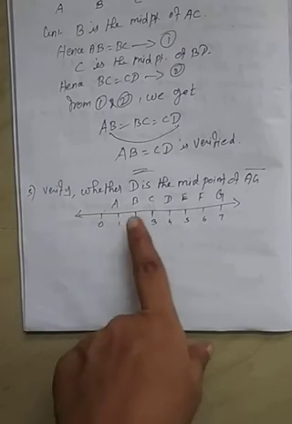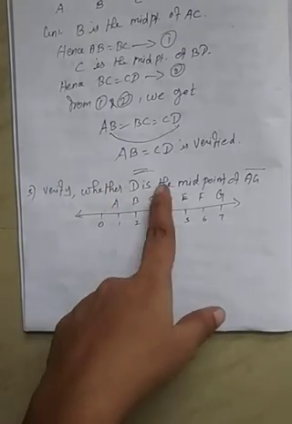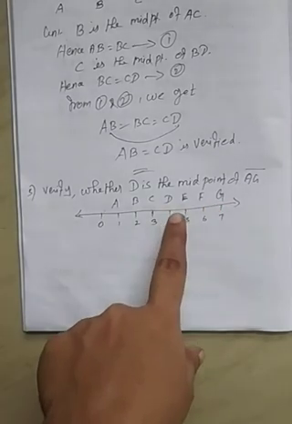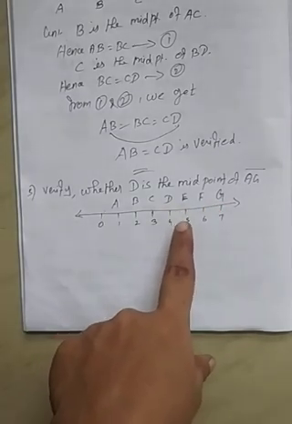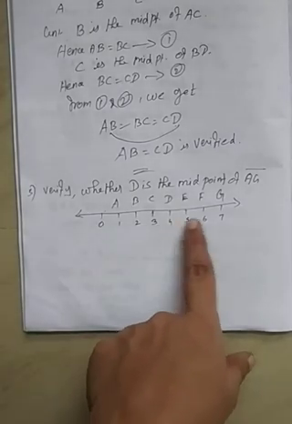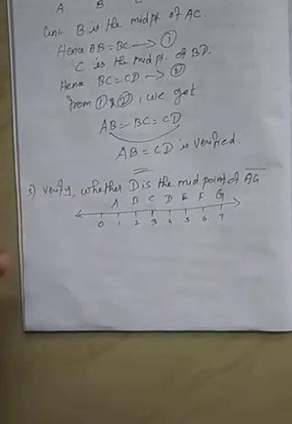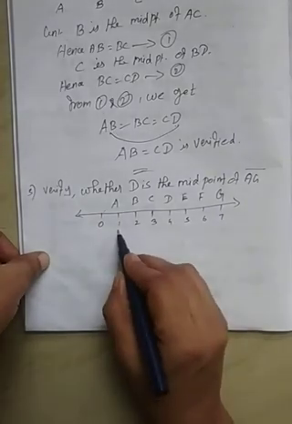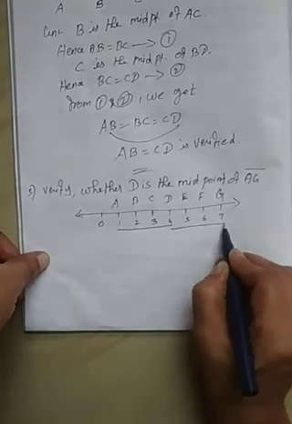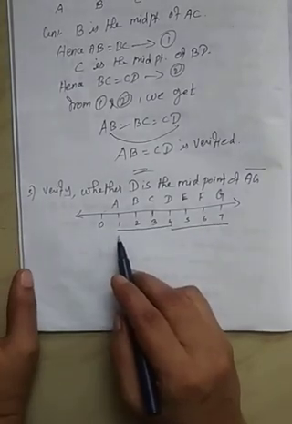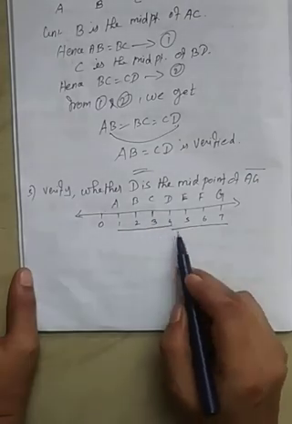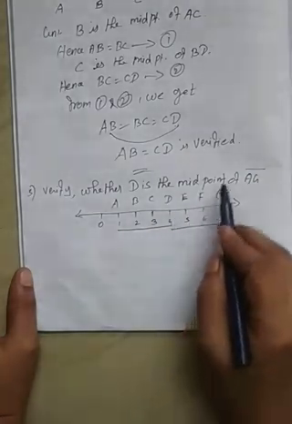Now what I have to verify? Verify whether D is the midpoint of AG. Okay, from this figure, it is clear that AD equal to DG. See here, AD equal to how many units is there? 1, 2, 3 units. DG is 1, 2, 3 units.